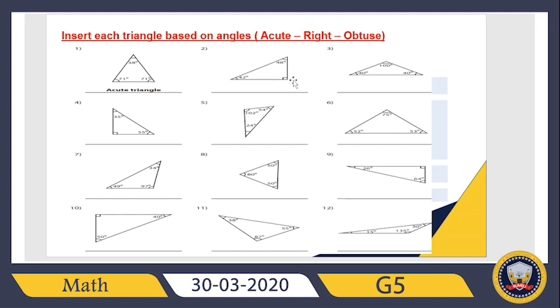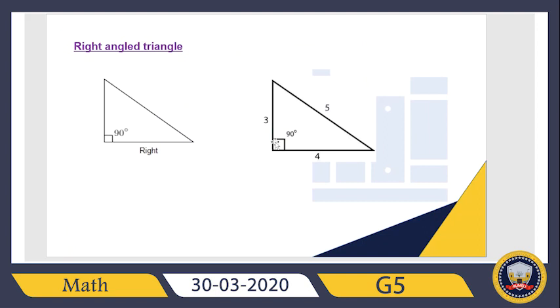Rule: if you find a semi or half square, it means a 90-degree angle.